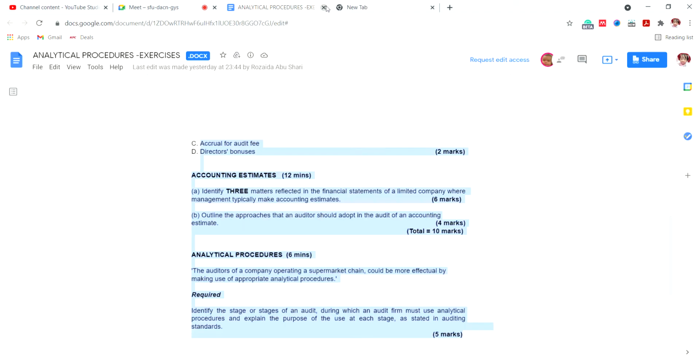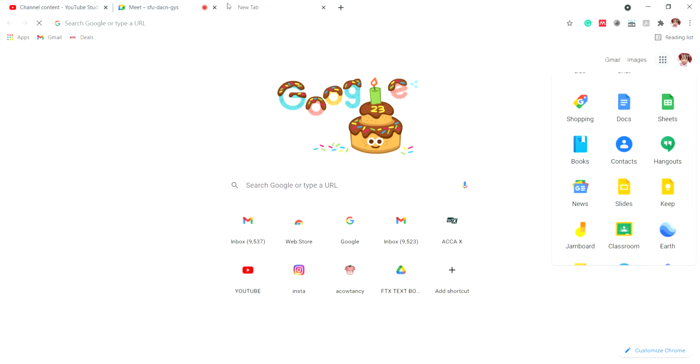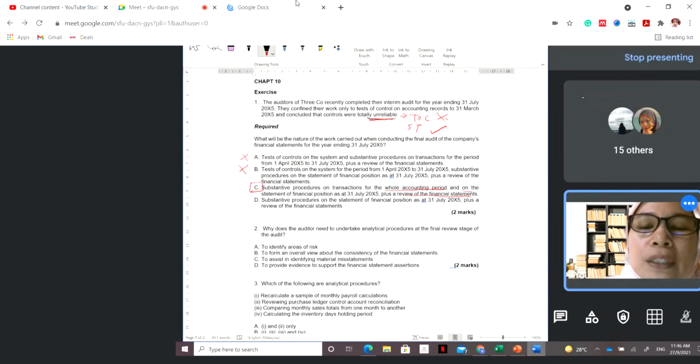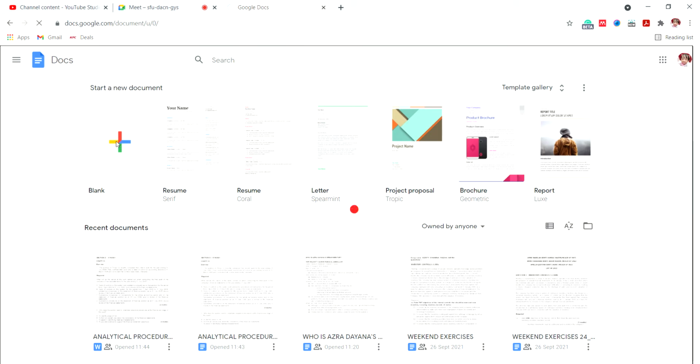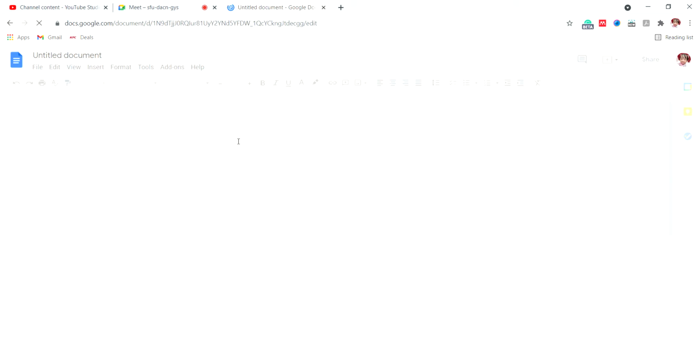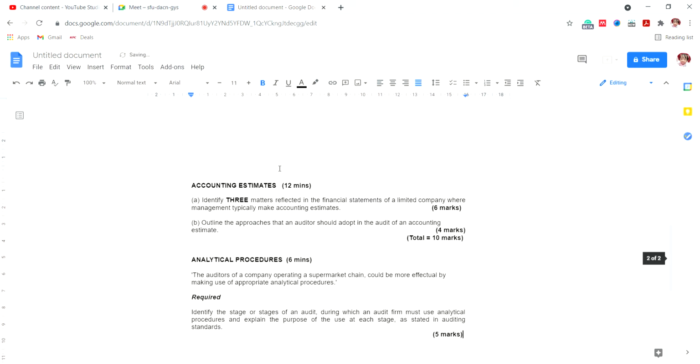So, okay, why you not answer D? Because this is only focused on the statement of financial position as at 31st July. So not to the whole accounting period. Procedures on transaction and also procedures on the balances. So untuk C ni dia cover all.